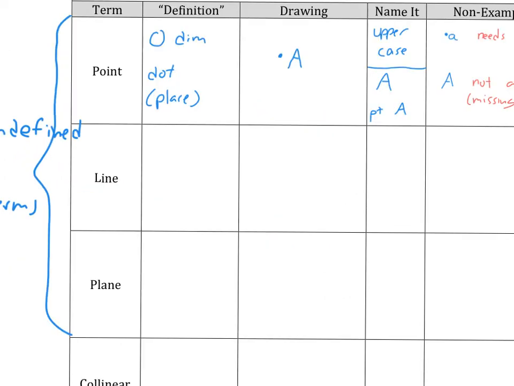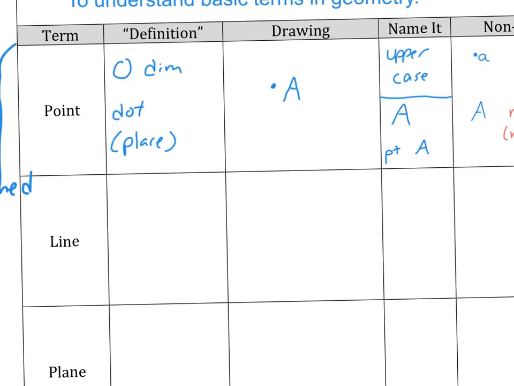All right, so like we said, line is undefined because we don't have a geometric term to talk about it. So it is one-dimensional, 1D, and it's infinite points, and this little symbol here means infinite points in 2 opposite directions.